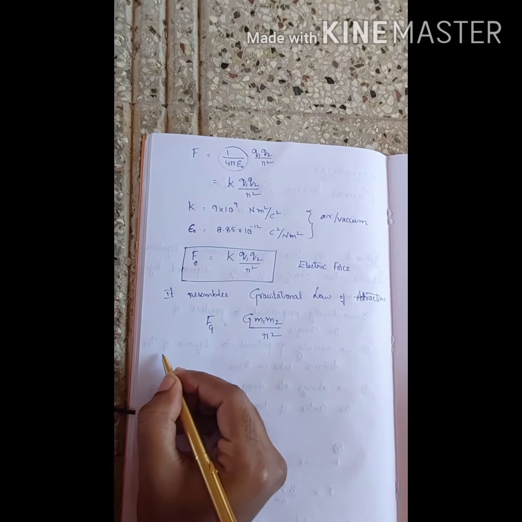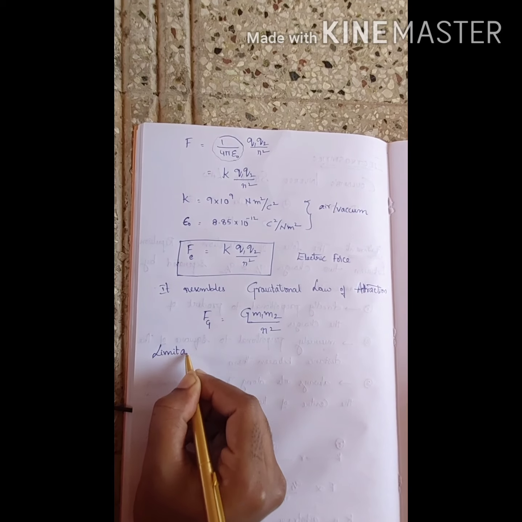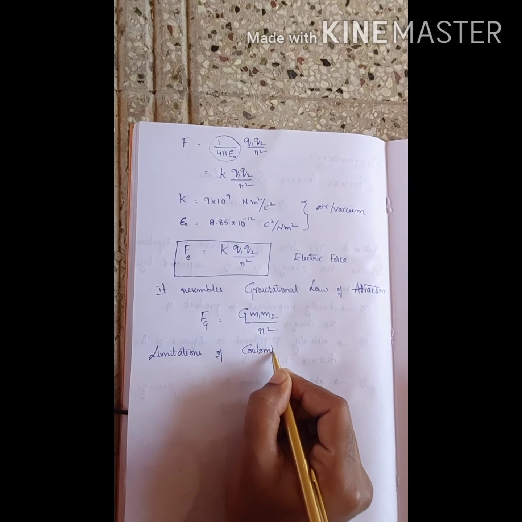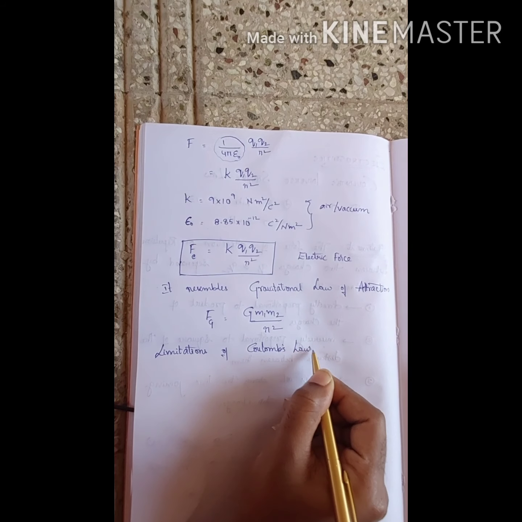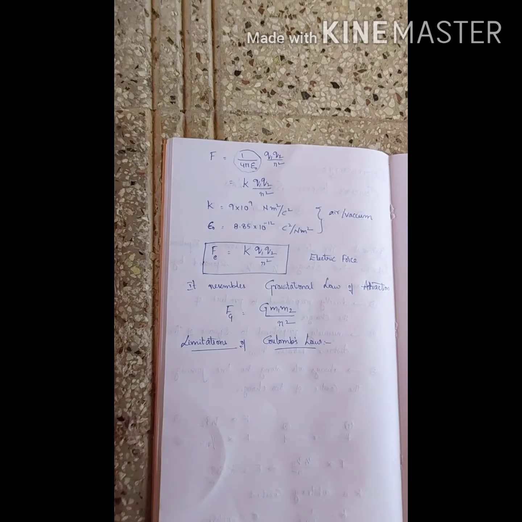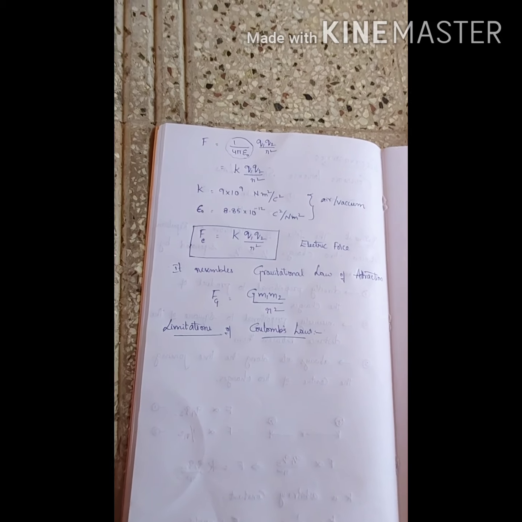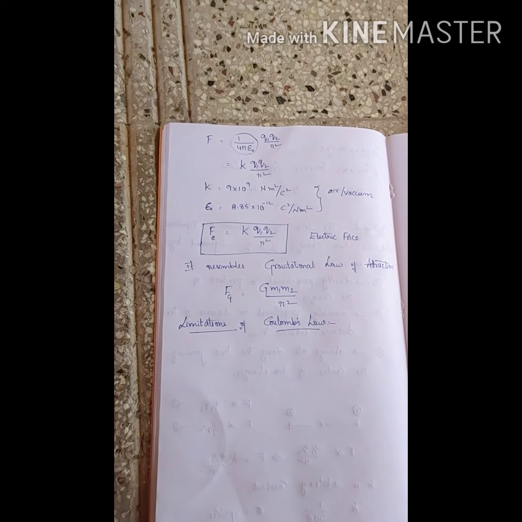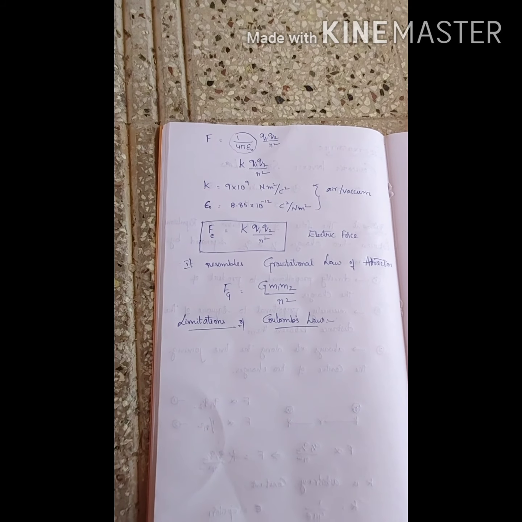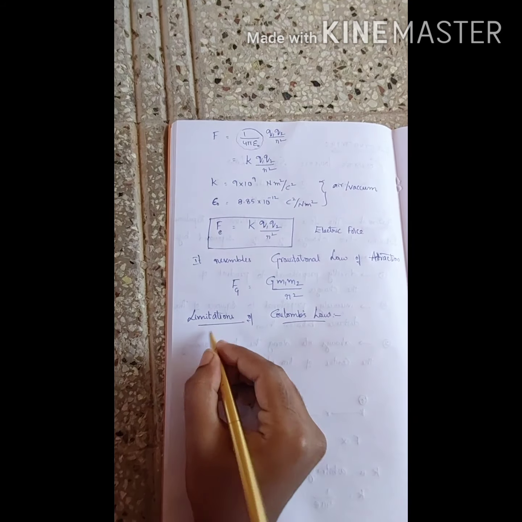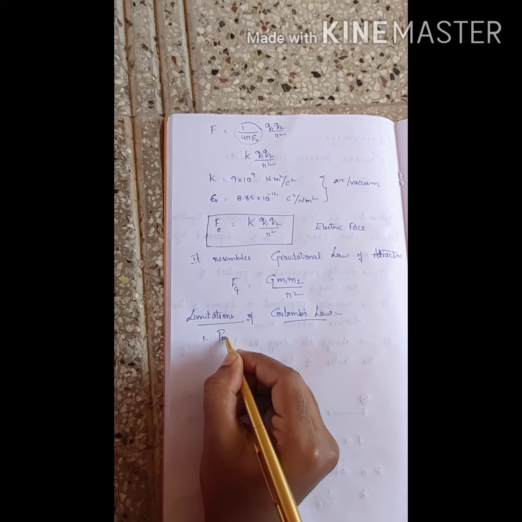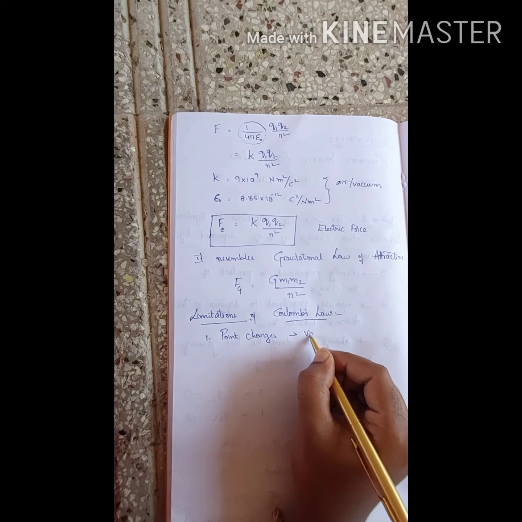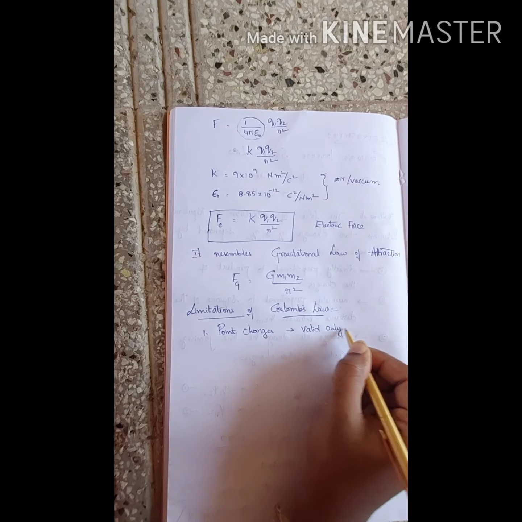Now we'll see the limitations of Coulomb's law. What could be the limitations? There are some drawbacks for every law that we are proposing. For Coulomb's law, the first one is point charges. This law is valid only for point charges.